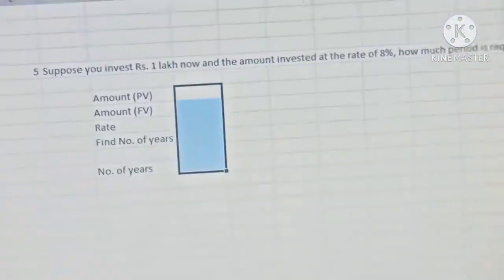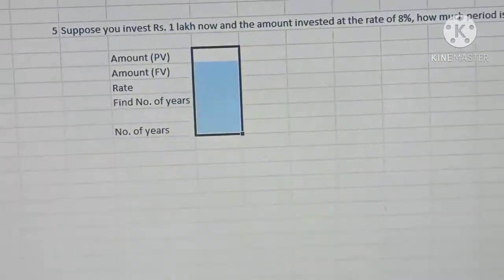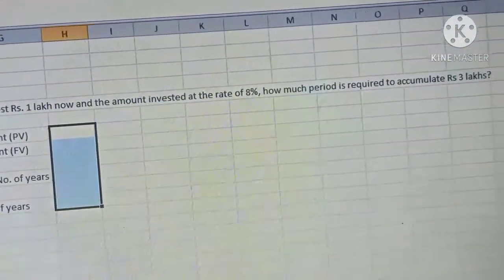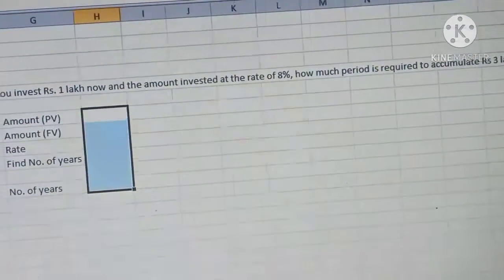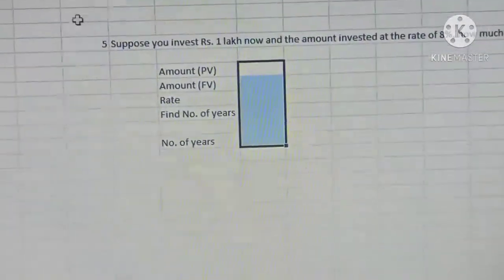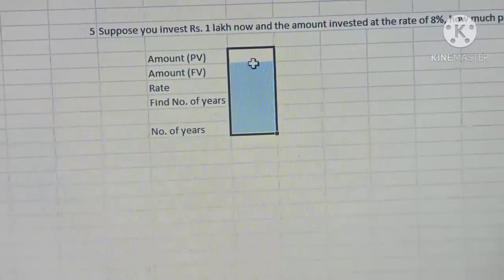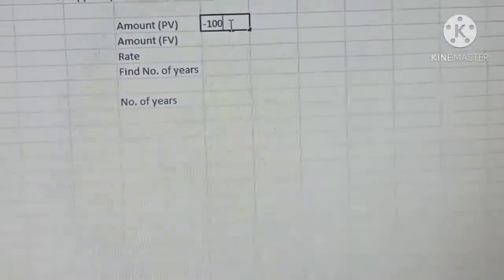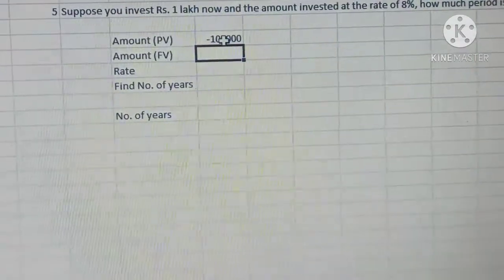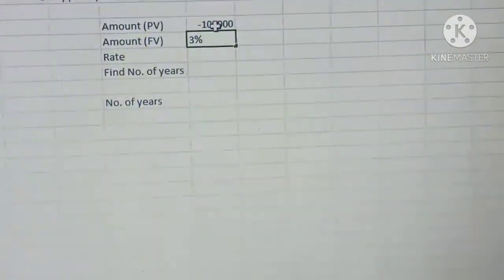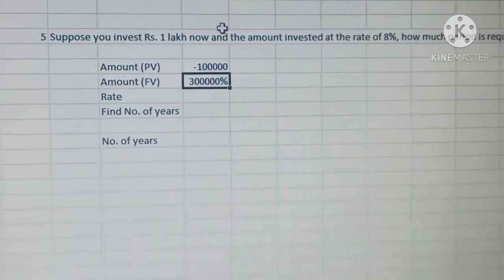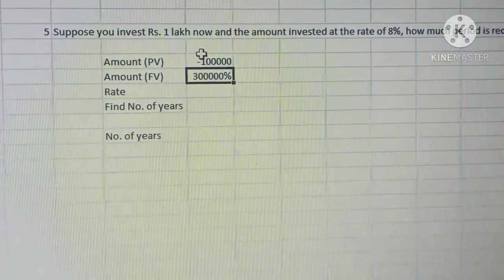Suppose you invest rupees 1 lakh and the amount is invested at the rate of 8%. How much period is required to accumulate 3 lakhs? Suppose right now you have PV of rupees 1 lakh, that is minus 1 lakh. You are investing it now. Your FV is rupees 3 lakh. You want 3 lakh rupees after a period that is not given.